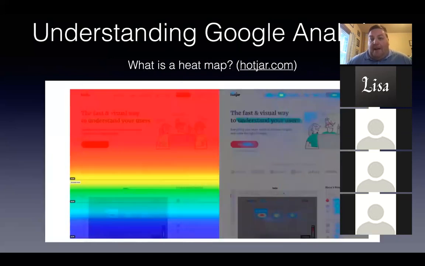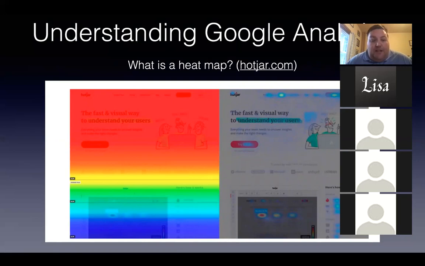So what is a heat map? This is from hotjar.com, and Hotjar is actually really neat, and I can talk more about them. As you see with the map, the image on the left, where it's in red, that's where most of the users are visiting on a website. That's everybody that comes to your website. That's obviously the top of the page, so everybody's going to see that first.